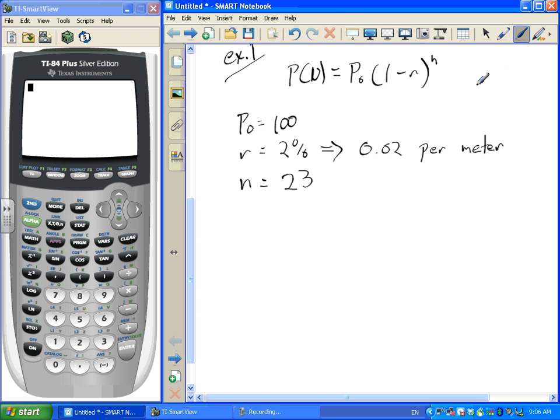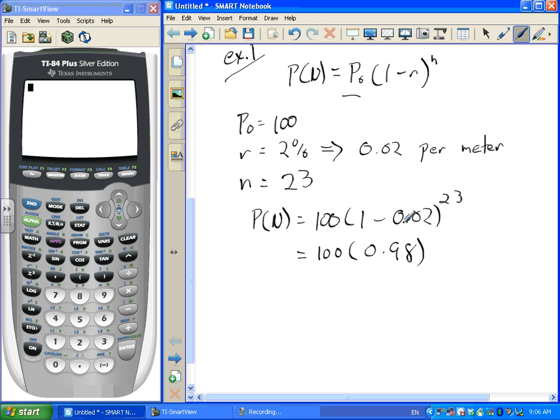So let's say P at N is equal to, our P at O is 100, 1 subtract 0.02, to the power of 23. 100, 0.98, that's 1 subtract 0.02, the power of 23.